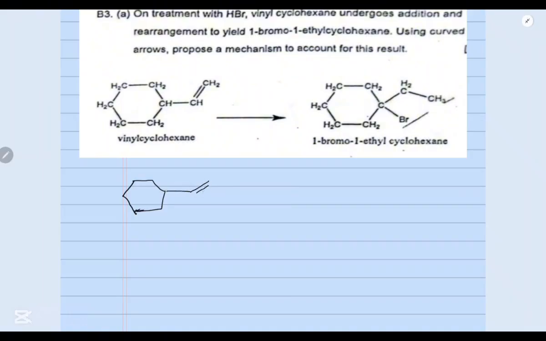So that is the starting material. But here we have not been given the reactant that will react with the vinyl cyclohexane. But what we have been given is the answer.